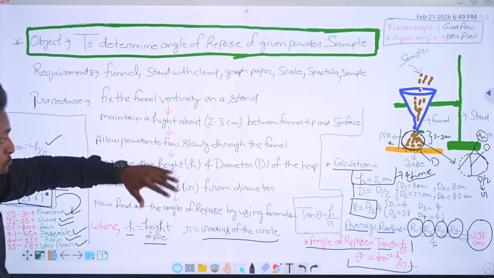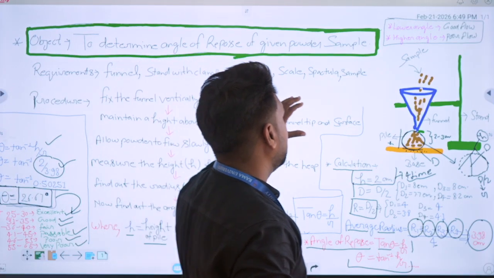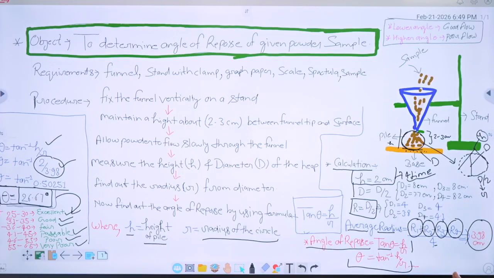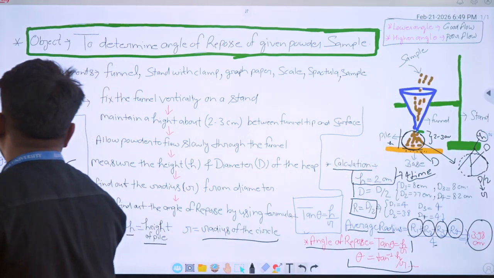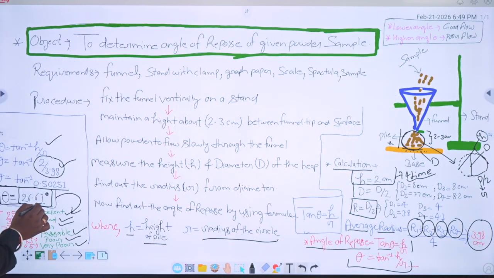In this experiment, which was already performed and the data already given, we put the values in the formula and get the final value of theta as 26.67 degree.